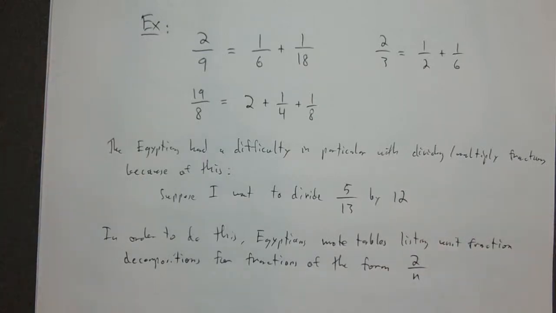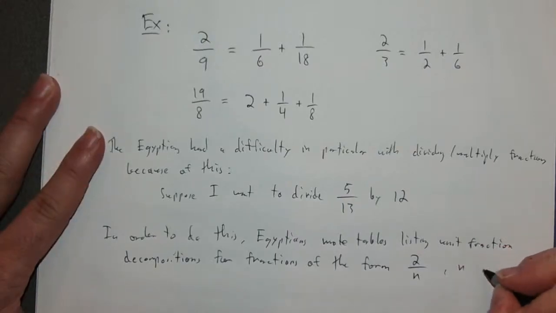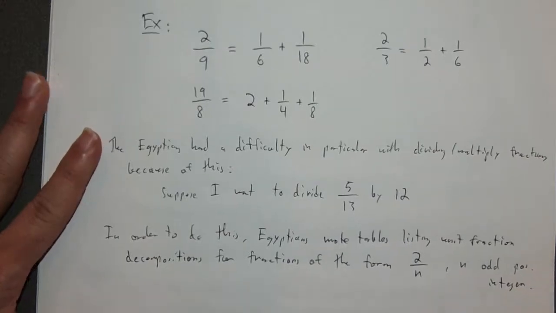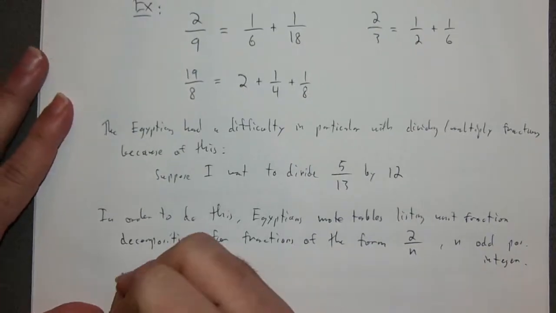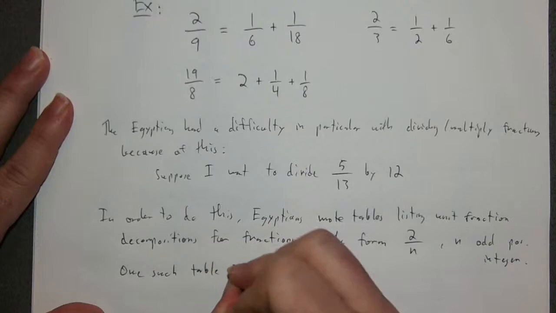In fact, one of these tables is directly in the Rhind Papyrus. Here n is an odd positive integer. So one such table is in the Rhind Papyrus.